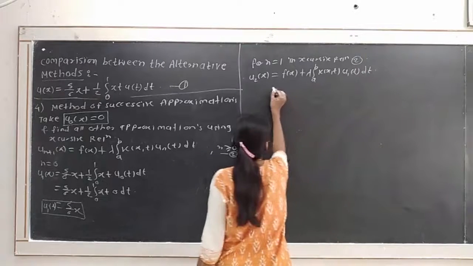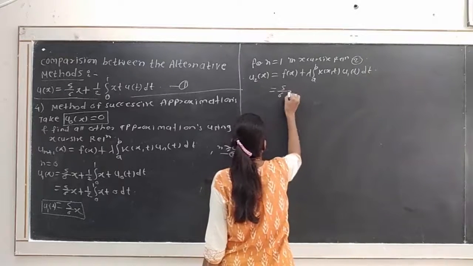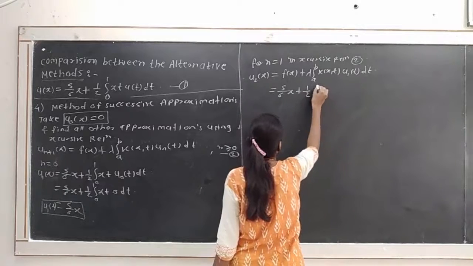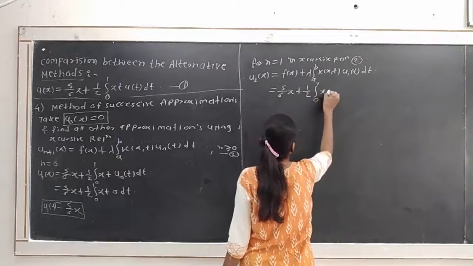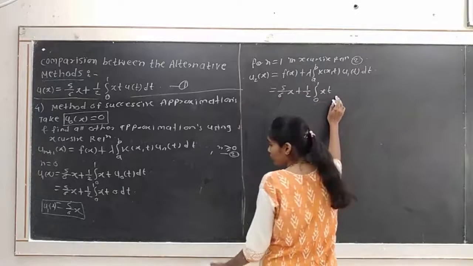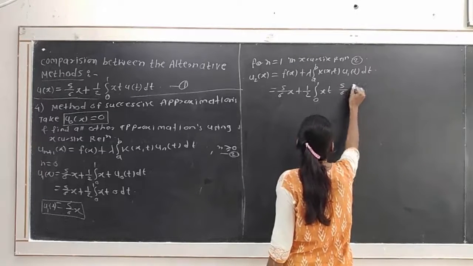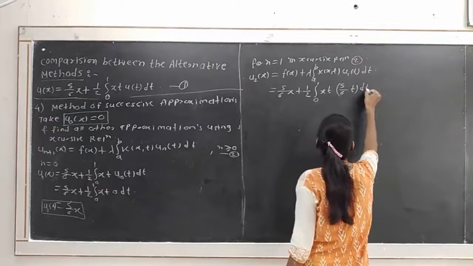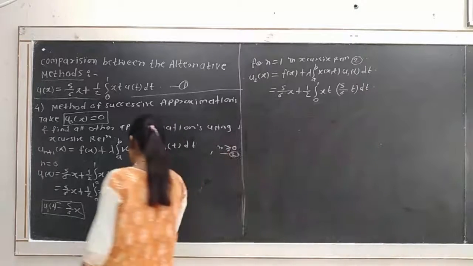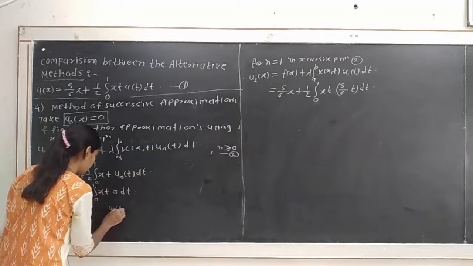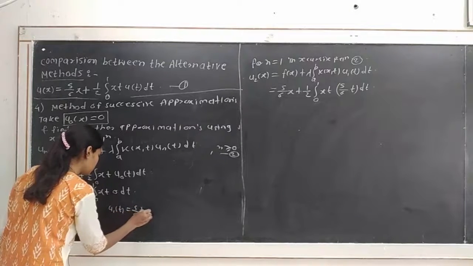We put in the values: f of x is 5 divided by 6 into x, lambda is 1 by 2, limits from 0 to 1, kernel k of xt is x into t, and u1 of t is 5 divided by 6 into t dt.